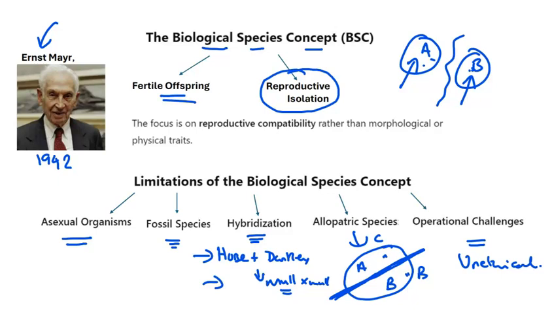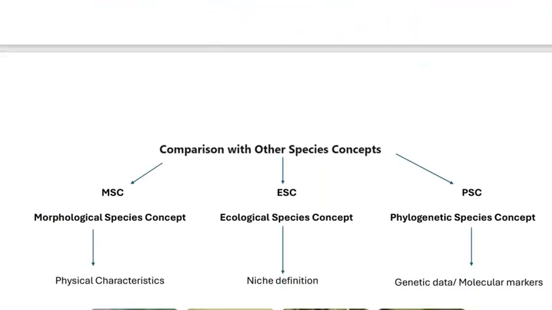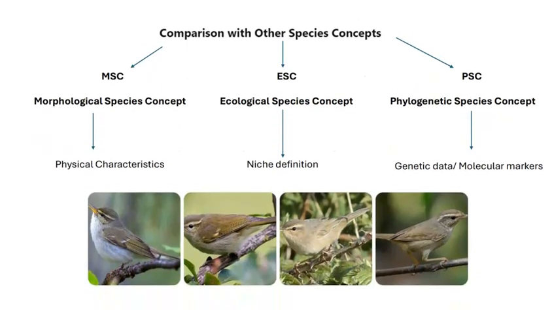So there are operational challenges to the biological species concept. Simply establishing that a population is actually not reproducing, or that their hybrids are infertile, is something of a challenge.